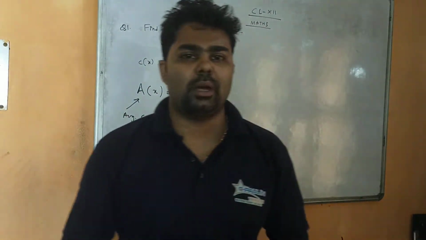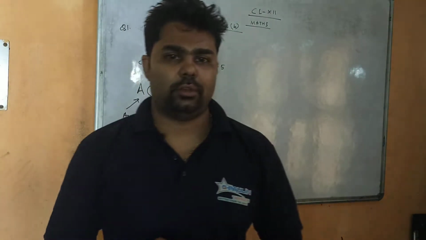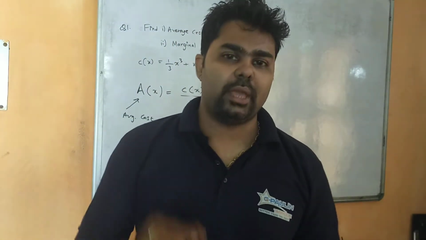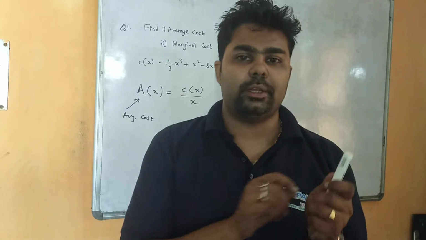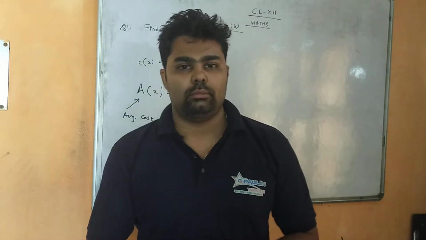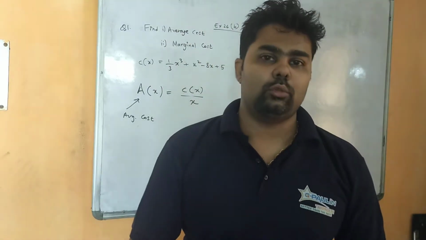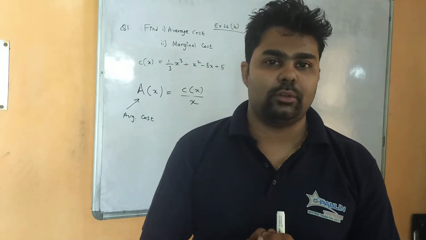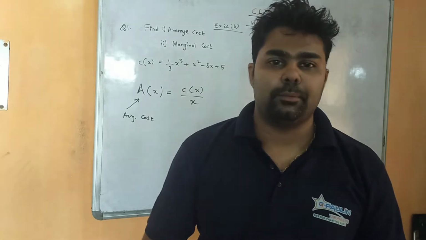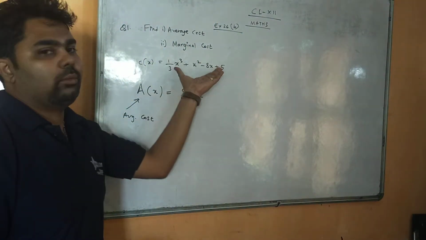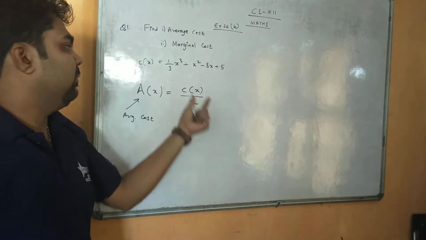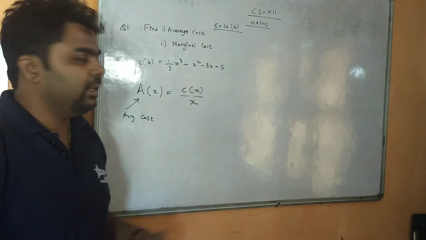Like we find the average of your marks in class 8 or class 12: we add all the subjects' marks and divide by the total number of subjects, right? So like this we get the average of all the data. Similarly, we get the average cost by dividing the cost function by the number of units. That means if x is the units, we have to divide by x.